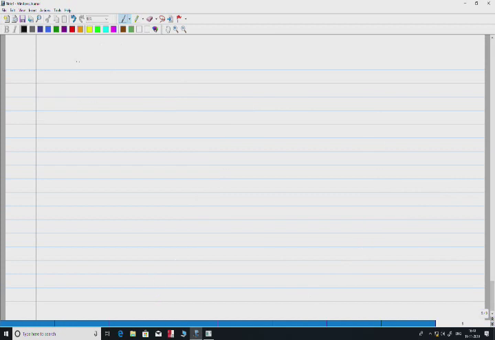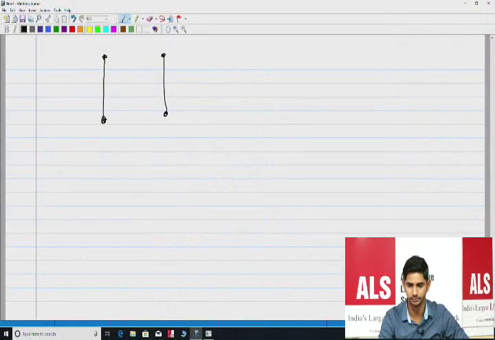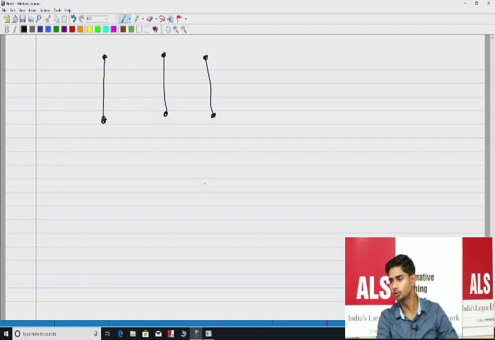Now, this is just a question. I hope everybody is clear with this one, but just because one has got some doubt. See, these are the 3 sticks actually. You have to join these 3 sticks.